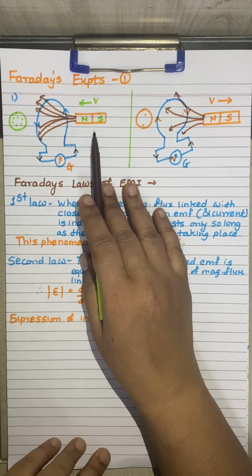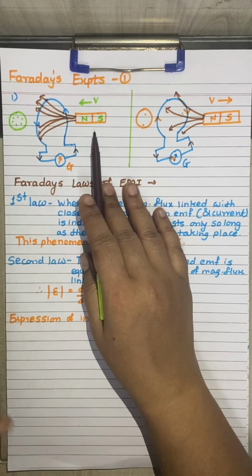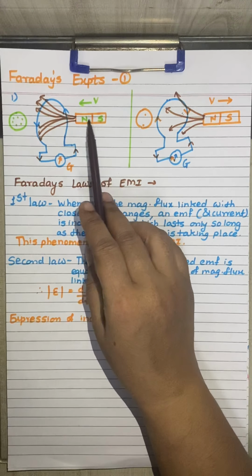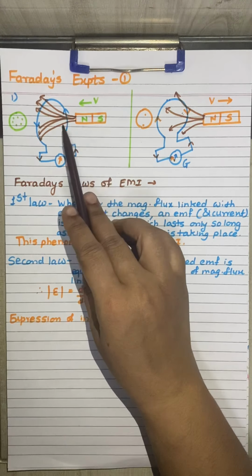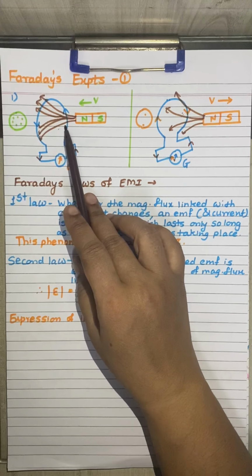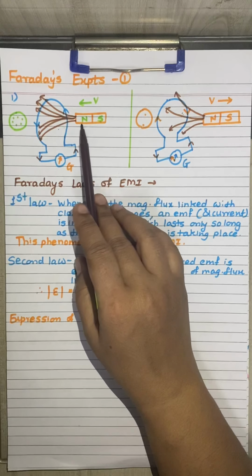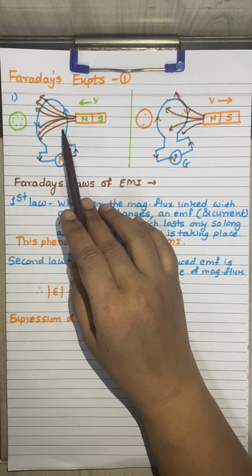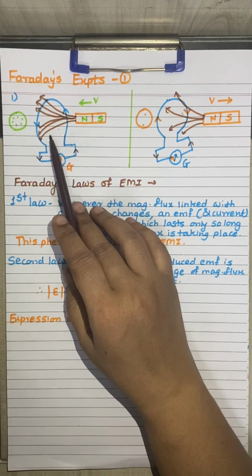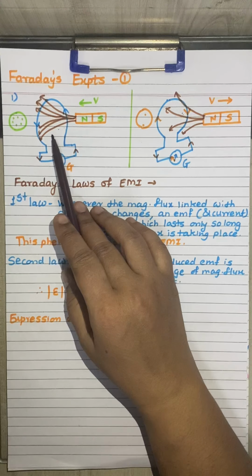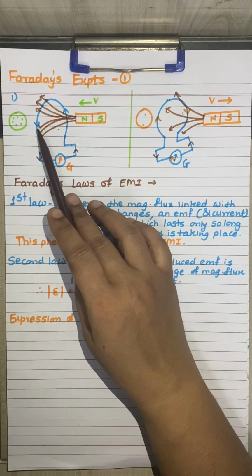When a bar magnet is placed near the coil, a number of lines of force pass through it. You can see here these brown color lines are lines of force passing through it. As the magnet is moved closer to the coil, the magnetic flux linked with the coil goes on increasing, and therefore EMF is induced and current is set up in that particular coil.